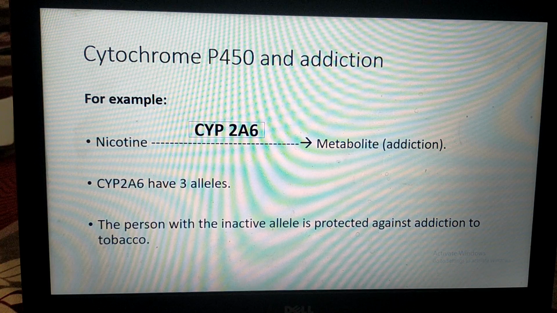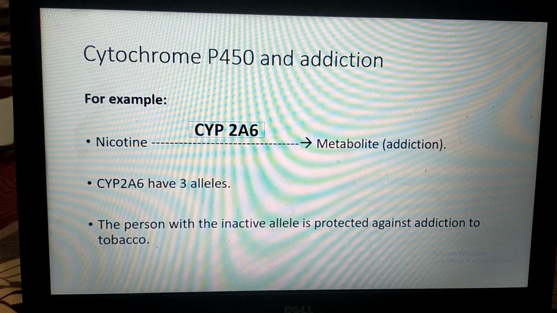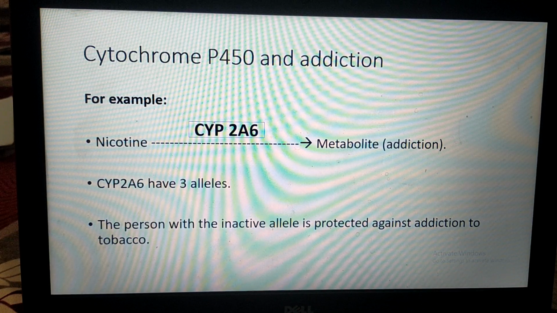But if all 3 alleles are active, then they will convert nicotine into the metabolite in large proportion, and due to this metabolite formation, the person has strong addiction for nicotine. Therefore, you can see in our society some patients have strong addiction for nicotine, some have less addiction, and some have no addiction towards nicotine.